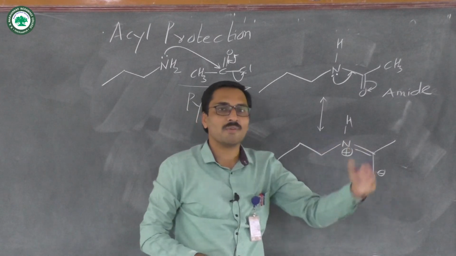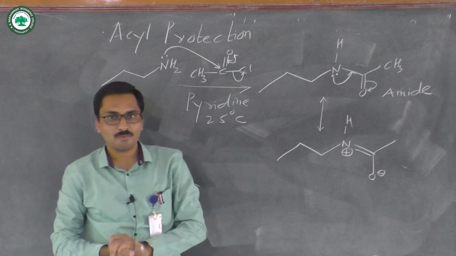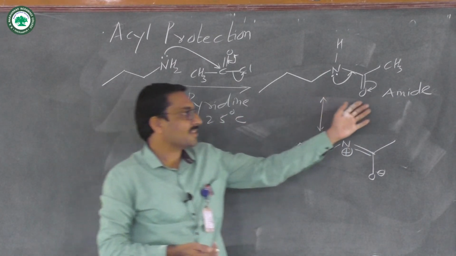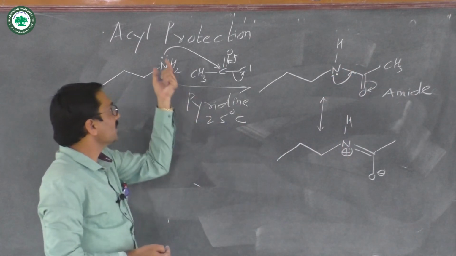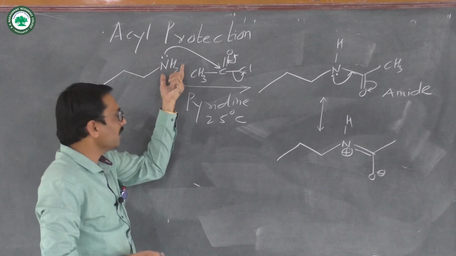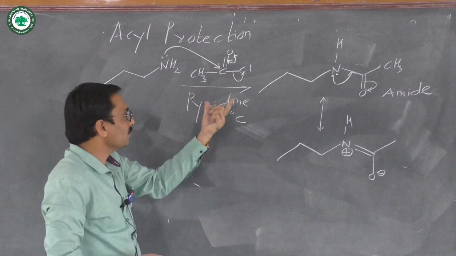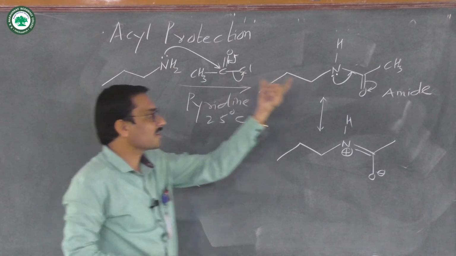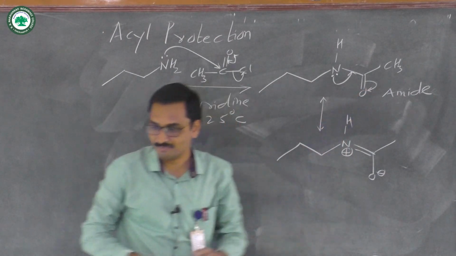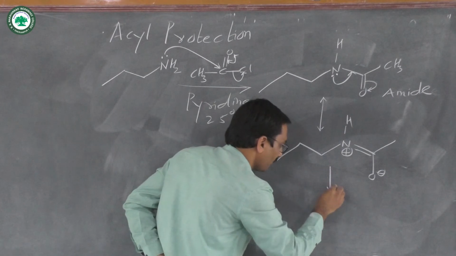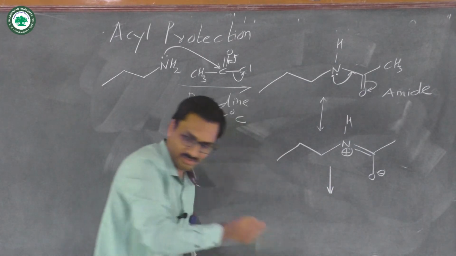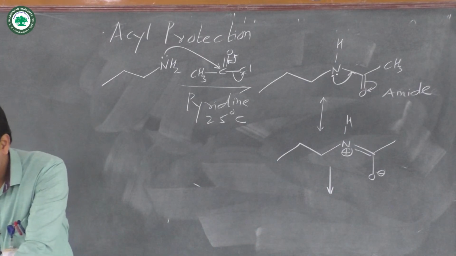Therefore it is not available for donation, and therefore amides are neutral in nature. In this way we protect the electron pair of the amine using acetyl chloride in the presence of pyridine as a base. There is formation of an amide. We can deprotect, we will see in detail.